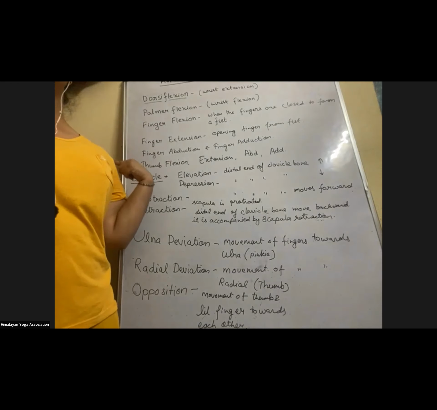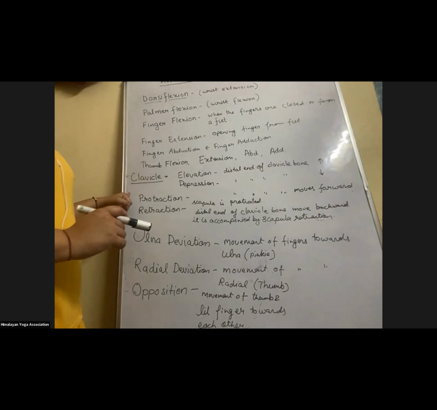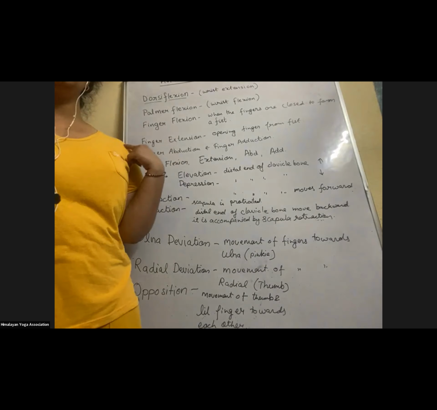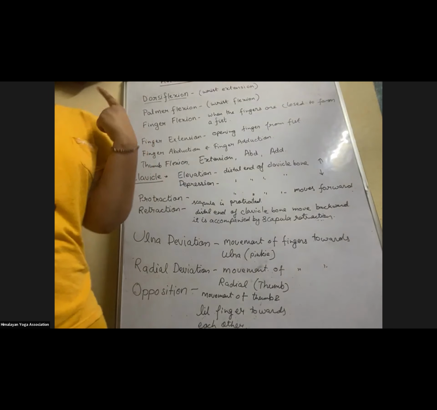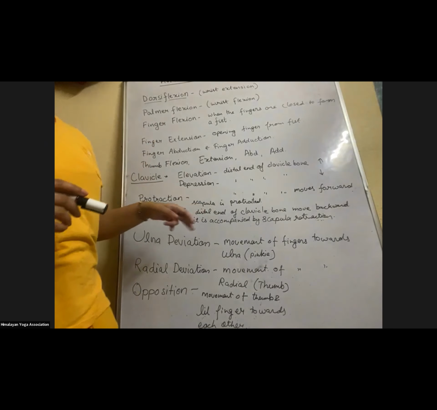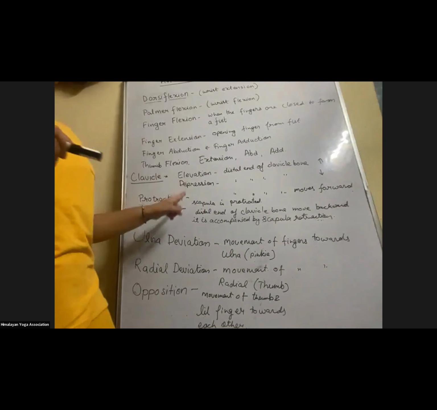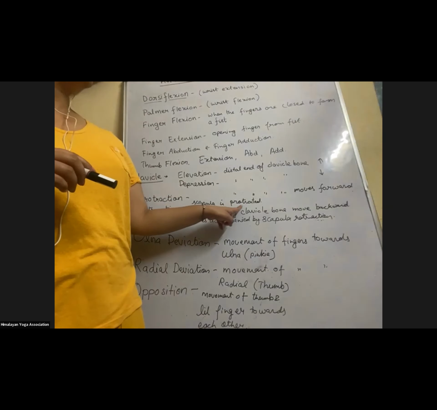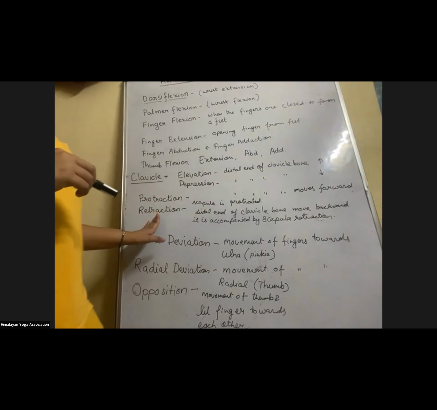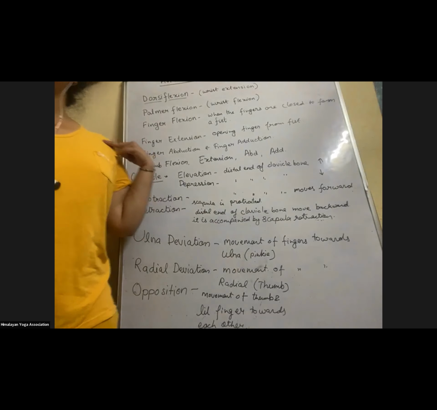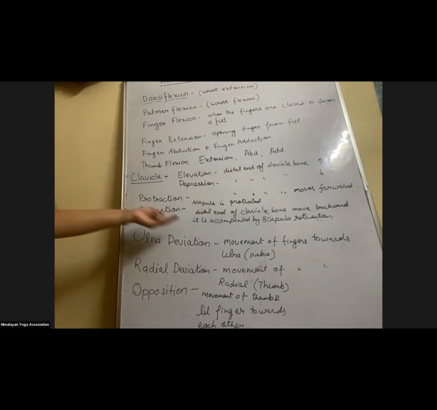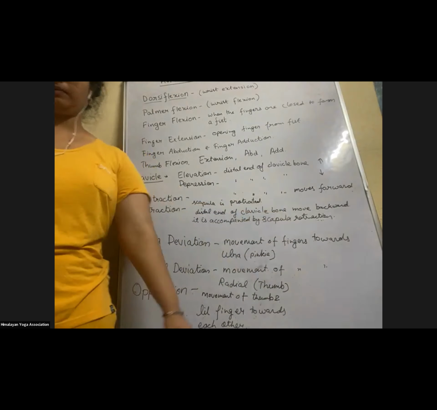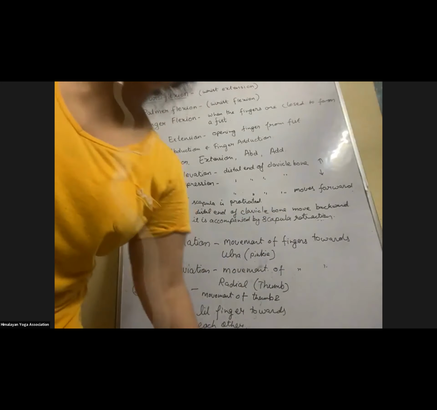Depression is when you're moving your shoulder downwards. Protraction is when you're moving your shoulder forward, and the scapula, the triangular bone, shows protraction. Retraction is when you're moving your shoulder backward, and the scapula shows retraction. I'll give you an image of this.